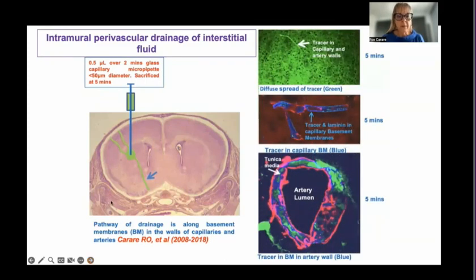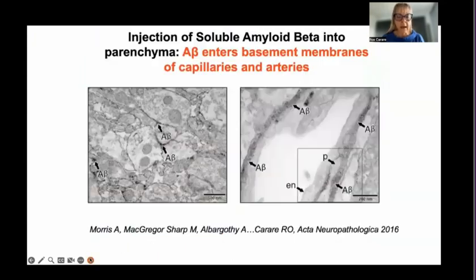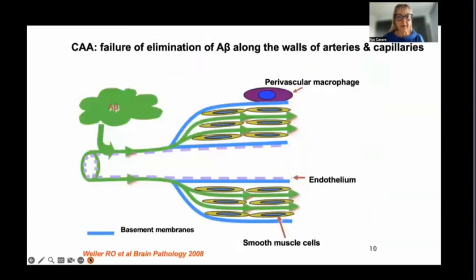And we have noticed that within 5 minutes, the tracer spreads in the extracellular spaces, and it enters the basement membranes of capillaries and arteries in exactly a similar pattern as in human cerebral amyloid angiopathy. And we have called this intramural periarterial drainage because it is specifically in the walls of arteries.